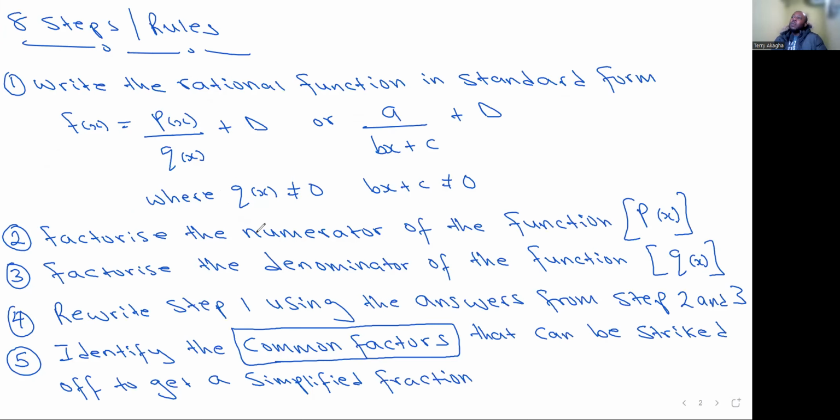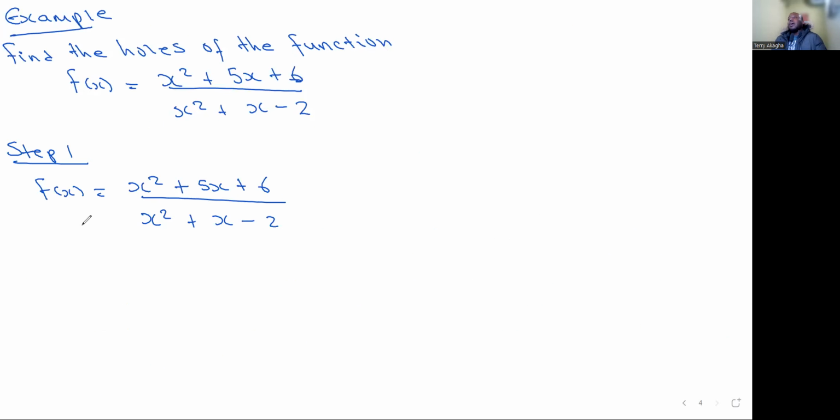Step 2 says we need to factorize the numerator of the function. The numerator is x squared plus 5x plus 6, and we need to factorize this. I've already talked about factorization in previous videos and showed you different ways: difference of two squares, common factors, trinomials when a is equal to 1, trinomials when a is not equal to 1, and I also showed you how to use the quadratic formula to factorize.